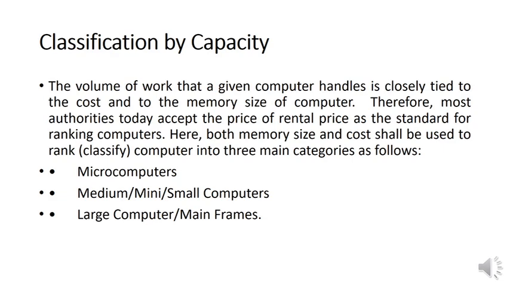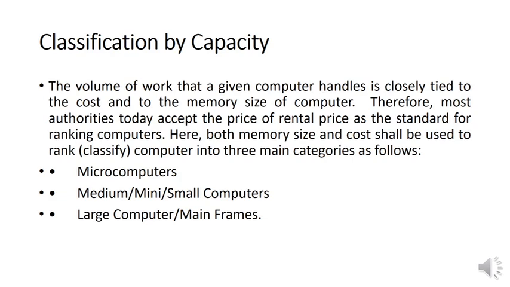The microcomputer, also known as the single board computer, is the cheapest class of computer. In the microcomputer we do not have a central processing unit as we have in the larger computers. Rather, we have a microprocessor chip as the main data processing unit.